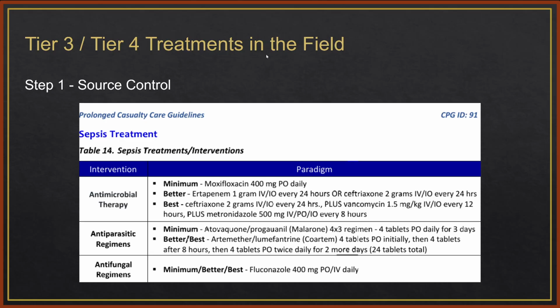So as we start going deeper into the CPGs, we do have a few different options. For antimicrobials, it's pretty straightforward. In a perfect world, you use two separate antibiotics, a bacteriostat and a bactericide.